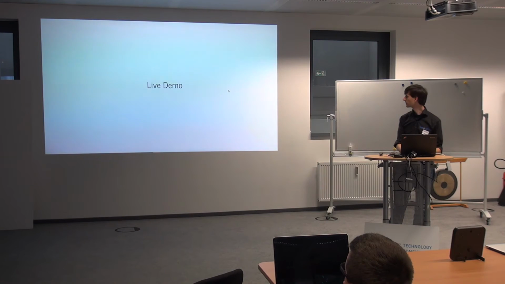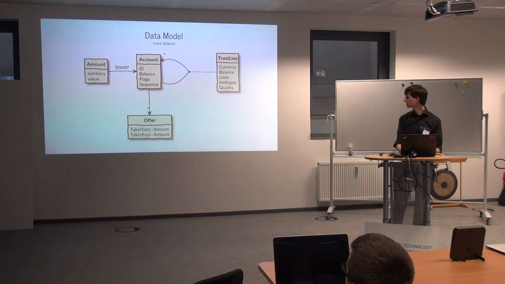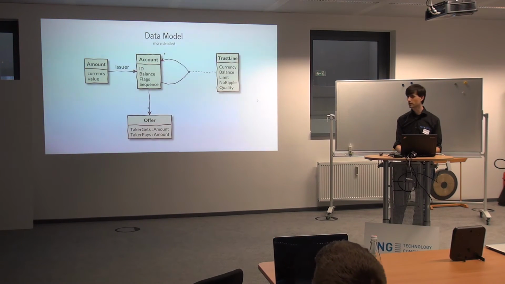Already half of our talk, and now something more interesting in Ripple that's very cool is the order book, because as you saw we can have multiple currencies in there, and so it's very convenient that within Ripple you can actually do some trading. This means inside Ripple there are order books where any account can put in orders.